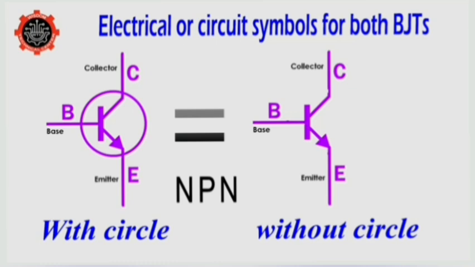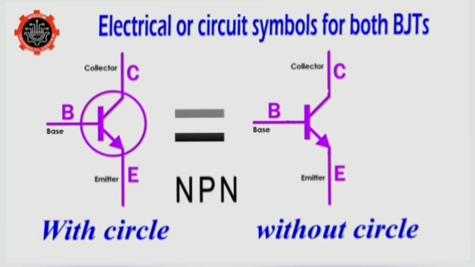With or without a circle, we can see the base, the collector, and the emitter. And remember that the emitter is the lead or the terminal that always has the arrow on it, whether the arrow is pointing inward or outward.